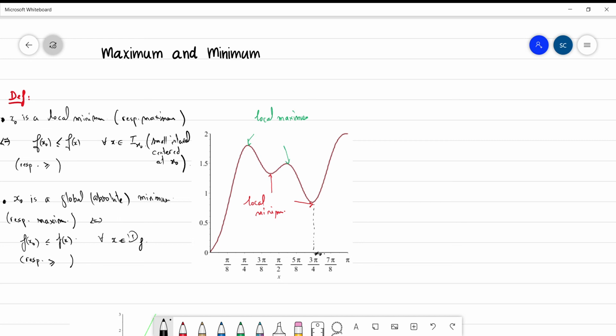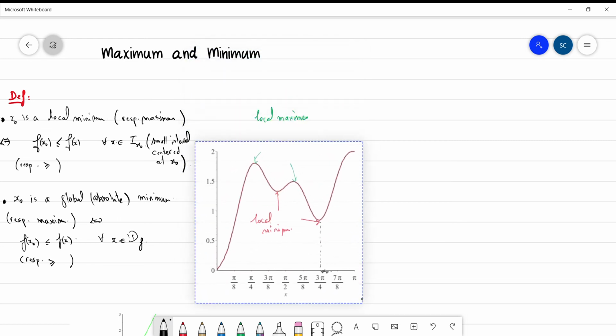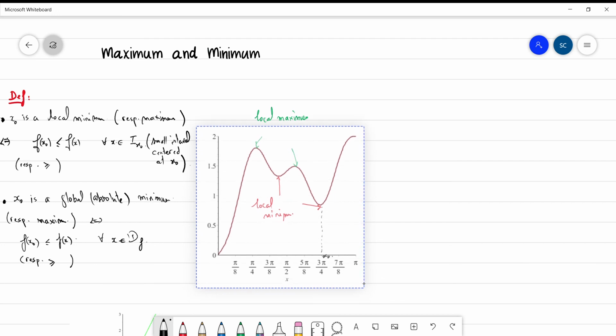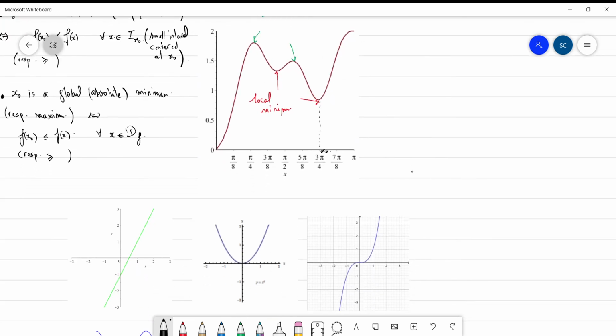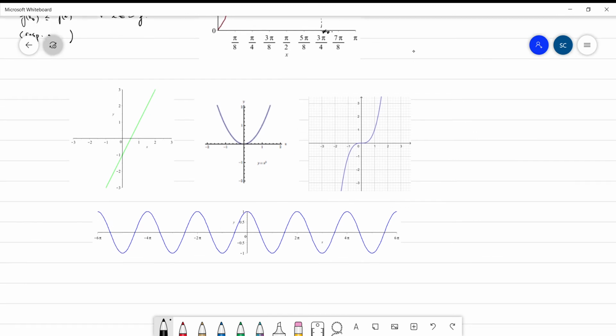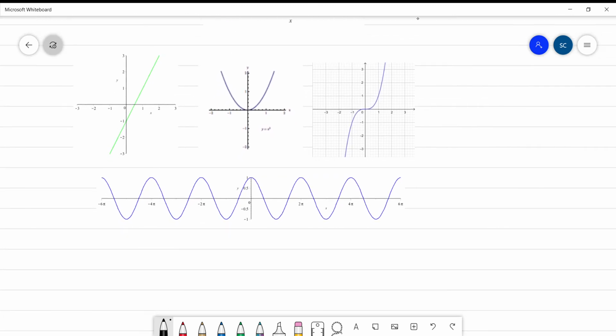So now it's clear. Let's practice to have an idea about these points. Here I prepared these graphs, so let's identify whether we have a local minimum, local maximum, global minimum, or global maximum. On this line, we can't make the comparison of x0 with the other values taken.